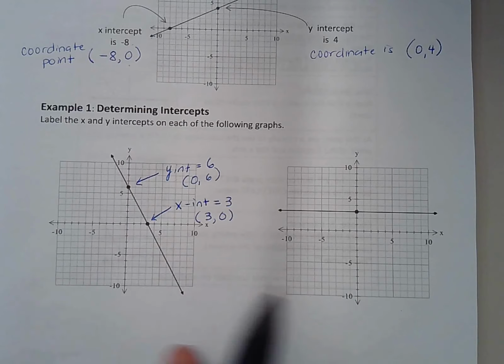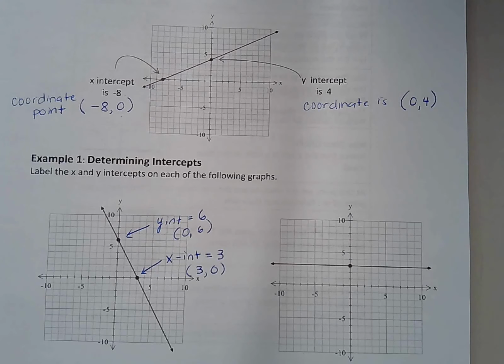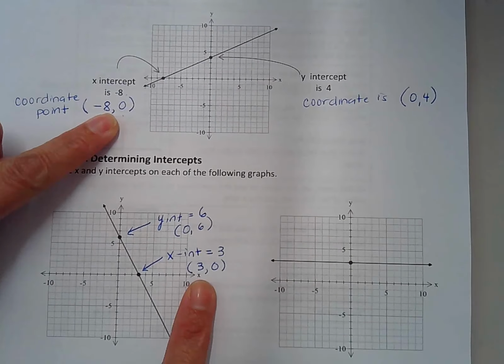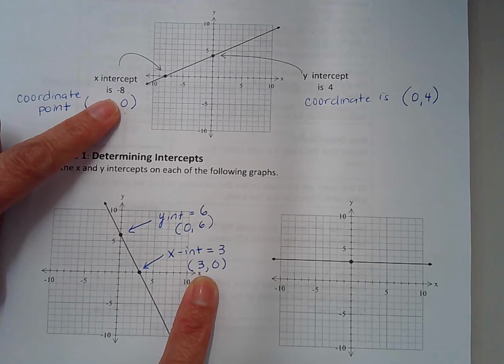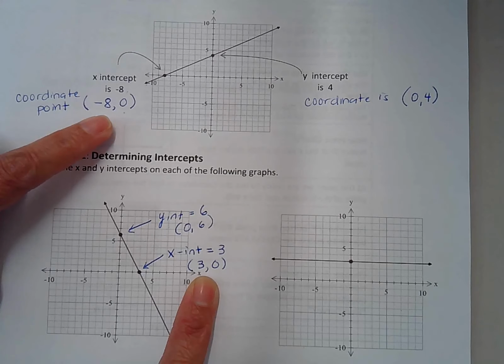Do you notice something? Let's take a look at the x-intercepts first. This is an x-intercept and this is an x-intercept. If we look at all the x-intercepts, what do you notice about them?